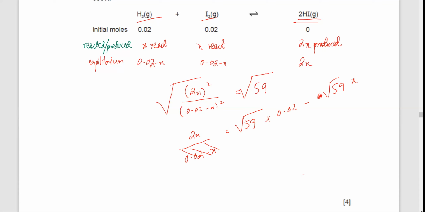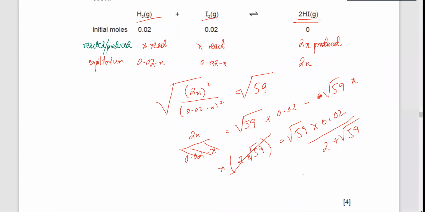And we can take x common, that's going to be 2 plus 59 under root is equal to 59 under root into 0.02. Okay, hopefully I've done the working correctly. So you're going to get two values. One would be with plus 59 under root, the other one would be with minus 59 under root. Tell me what the answer is.